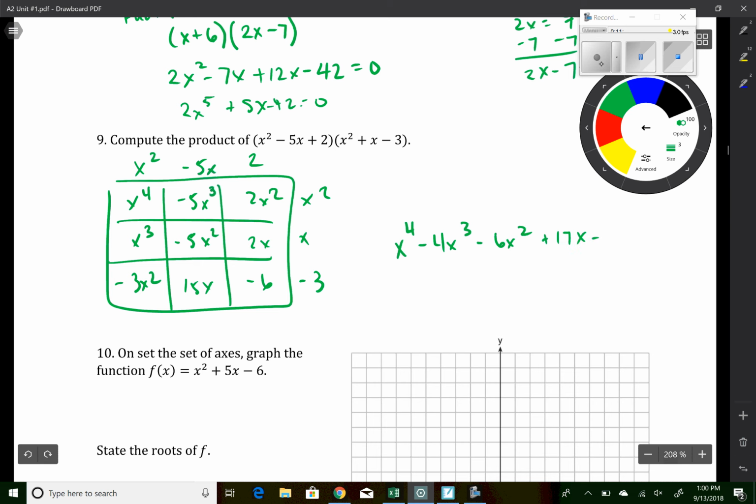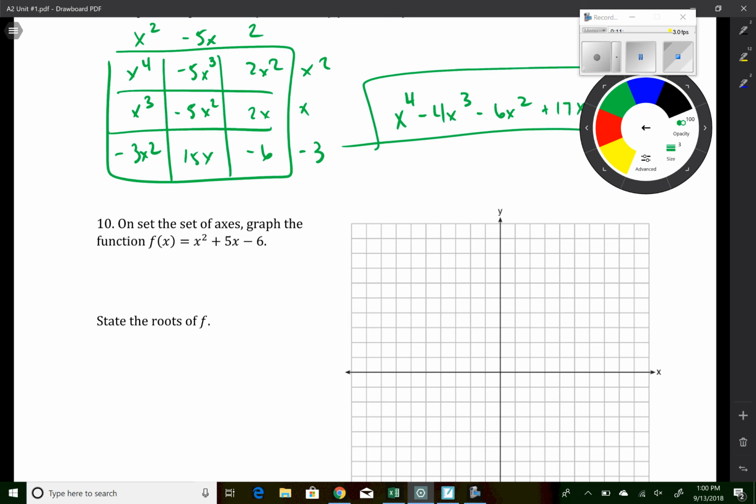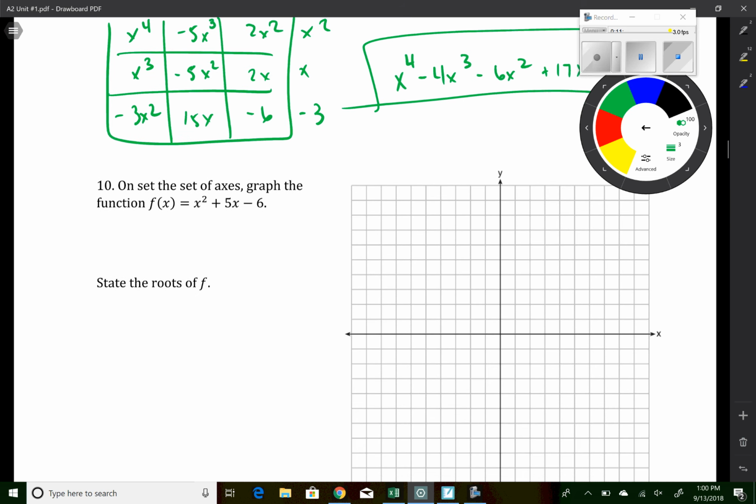And finally, the last one on the same set of axes, graph the function f of x equals x squared plus 5x minus 6. So just type that in your calculator, figure out your x and y values, or make a table of values here. If we were graphing x squared plus 5x minus 6, there's a couple things that we should know right off the bat. I know just by looking at that, it's going to cross the x-axis at negative 6. If we plug in 0, we get negative 6.